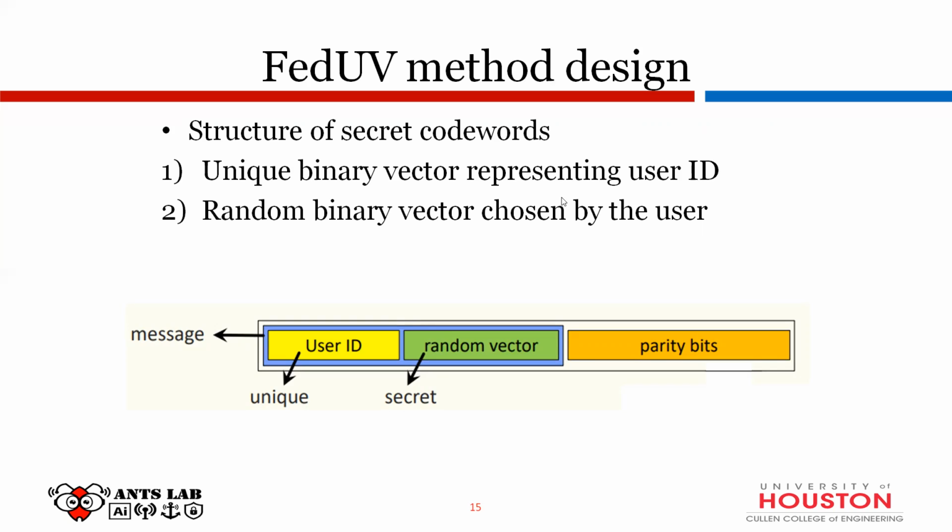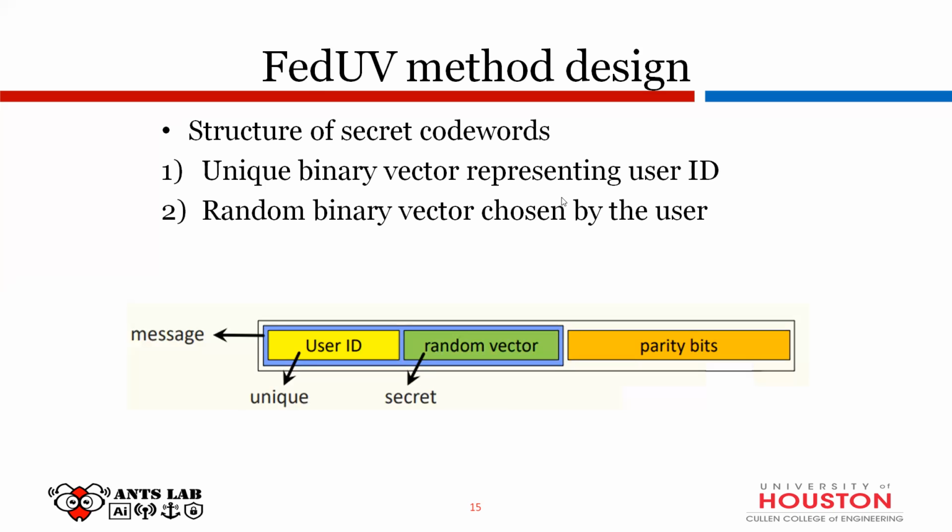But for the random vector, the secret vector here, I thought it should be related to the embedding vectors, right? But according to what you mentioned, it's nothing related to the embedding vectors. It's just randomly chosen.